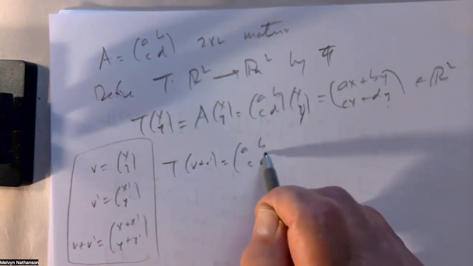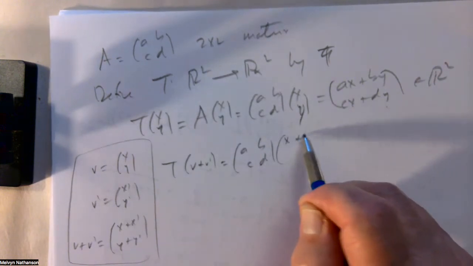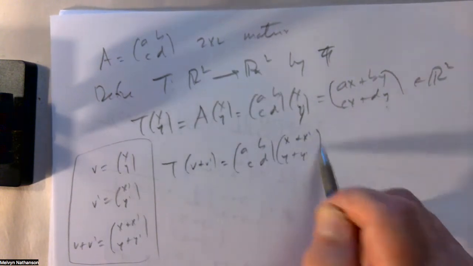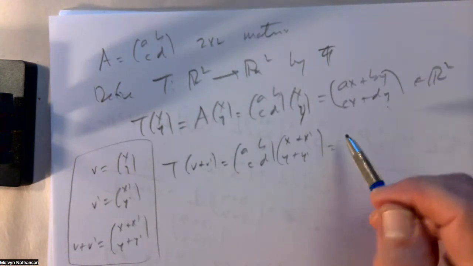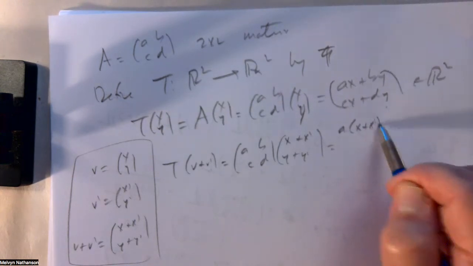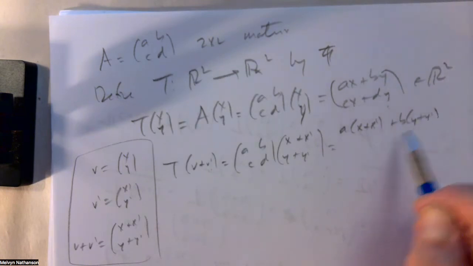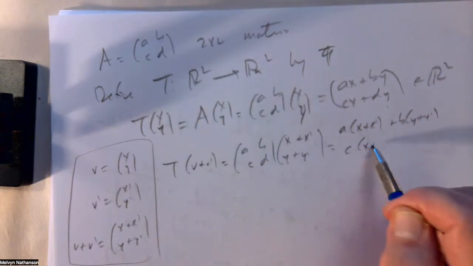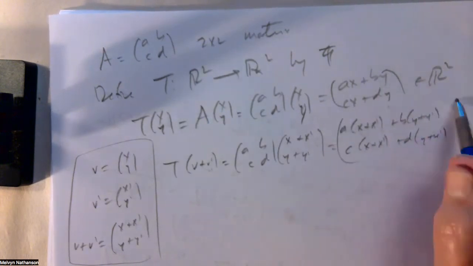It's the matrix (a, b; c, d) times this vector, (x plus x', y plus y'). I do my matrix multiplication. This is (a(x plus x') plus b(y plus y'), c(x plus x') plus d(y plus y')).